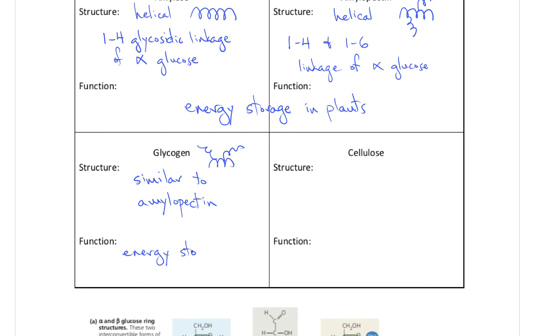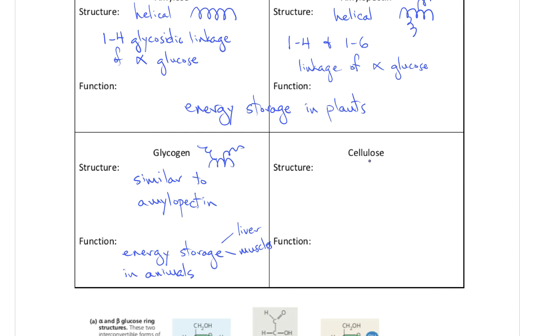So you can really think of glycogen as being like the animal version of starch, and predominantly glycogen is stored in the liver and in the muscles of animals. And in humans, for example, we've got about a day's worth of glycogen before we would need to start using other fuel sources. But it's energy or fuel storage in animals, again, similar to amylopectin.